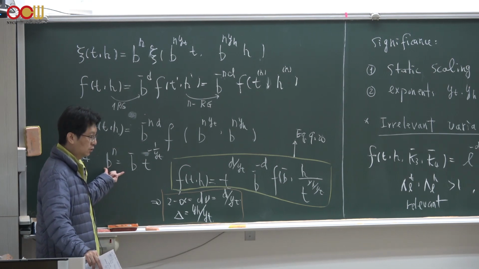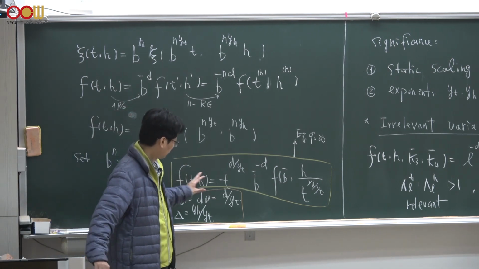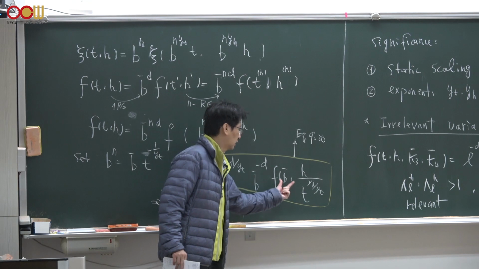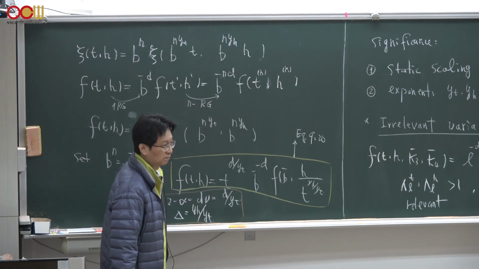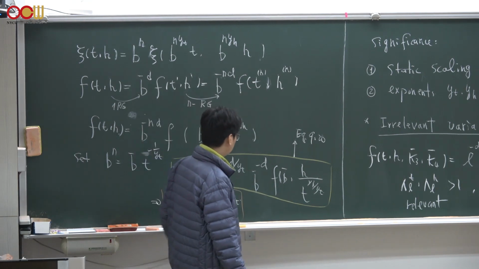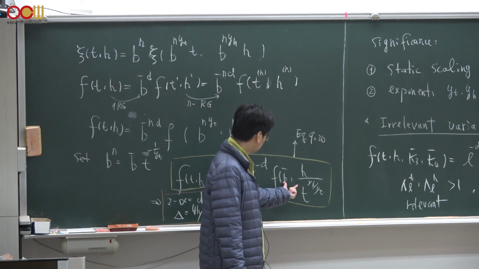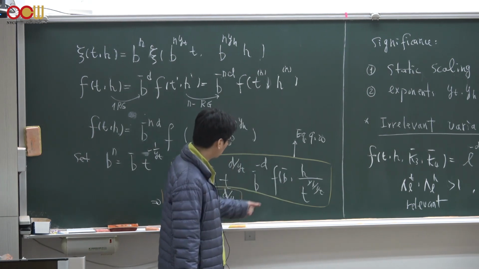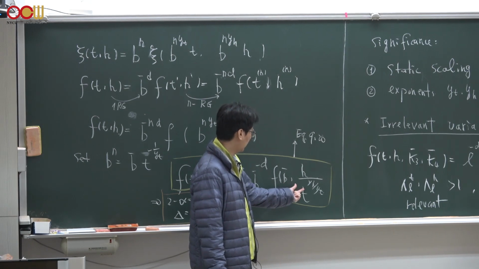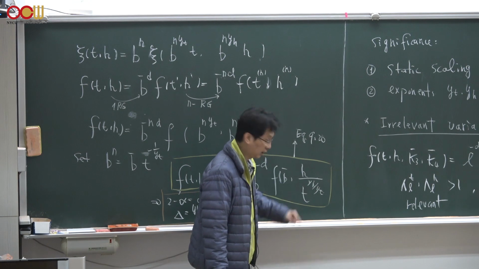If we choose so, we could simplify this free energy density as a function of the scale factor, and now this rescaled free energy density becomes a simple form as a function of b bar and h over t to the power of yh divided by yt.